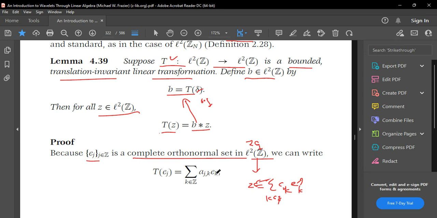Finite linear combinations of the Ek are not enough, but infinite summation is possible.